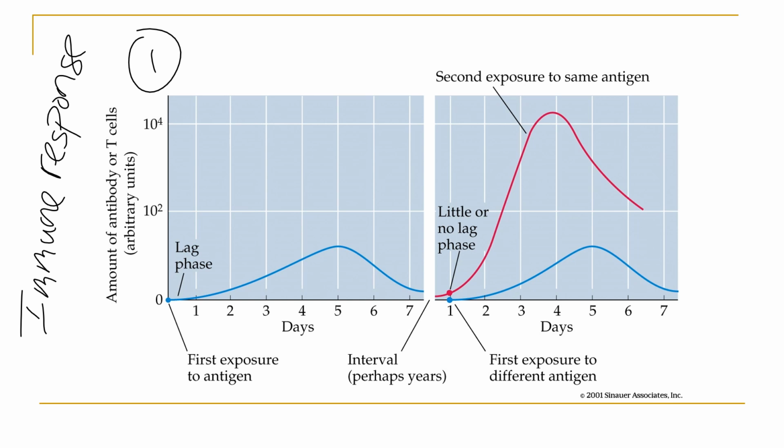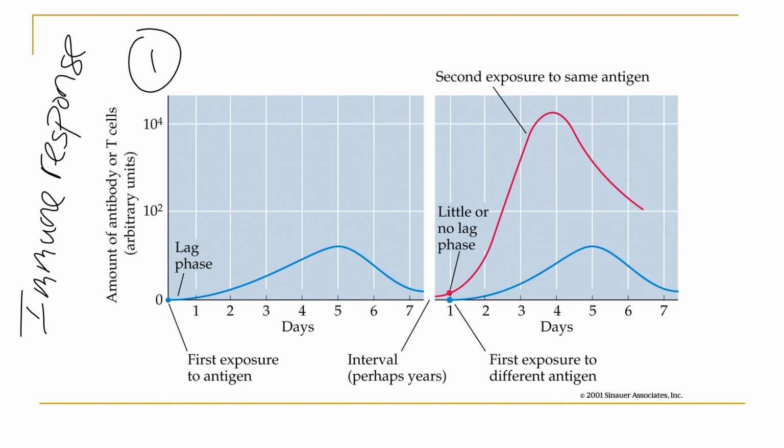So if we look at graph number 1, let's say this is the flu, Influenza A. When you first get exposed to the antigen, it takes your body a couple days to start ramping up this system. In fact, you don't get a full immune response until about day 5. That's because your body has to find that correct one cytotoxic T and that correct one B cell that can fight it off.